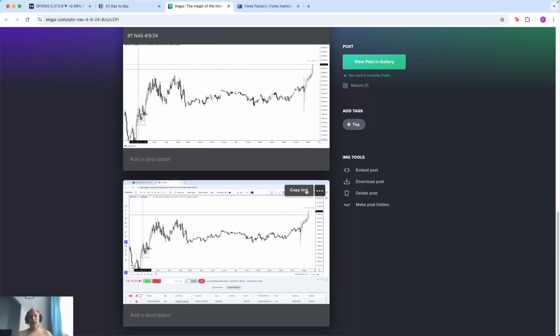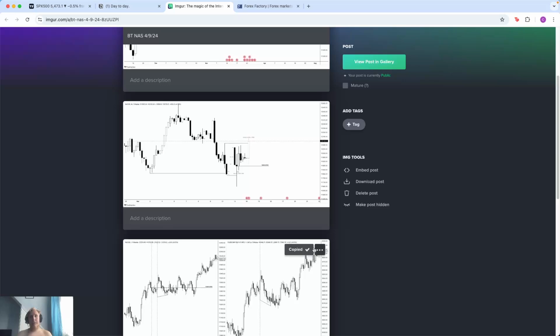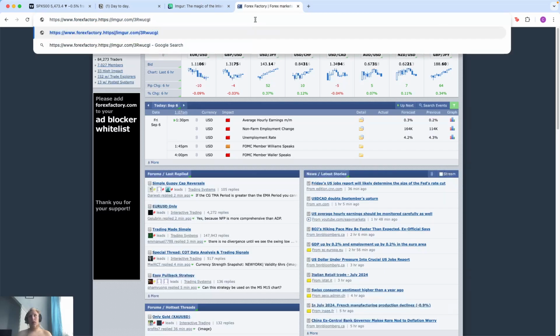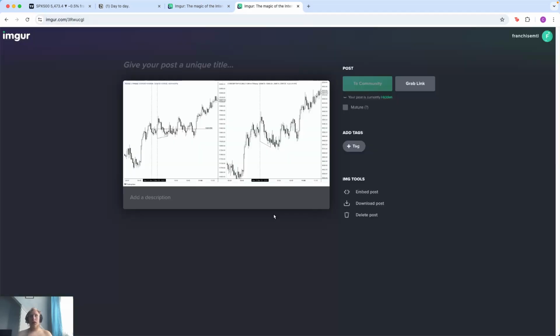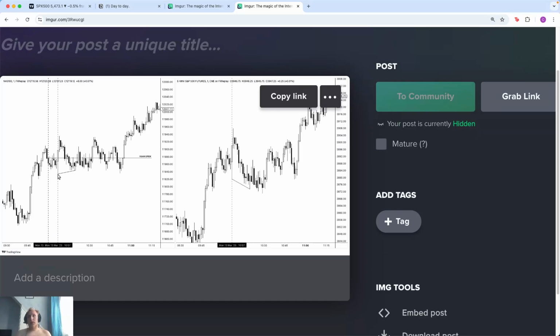Look how precise this is. Is it going to let me zoom in? Okay. So my entry was around here.